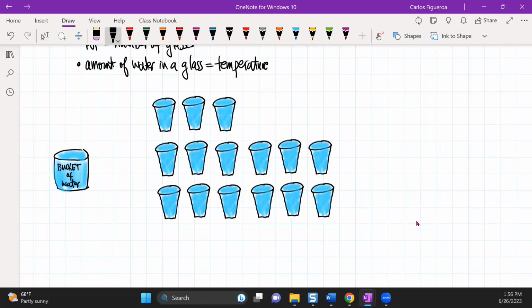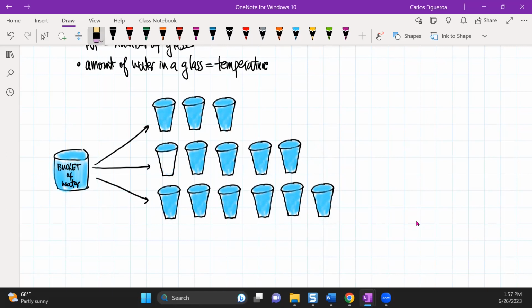And what I'm going to do here is that I'm going to pour water into these glasses. Now note, if you're monatomic, there's only 3 glasses. If you're diatomic, you have 5, and if you're polyatomic, there's 6.